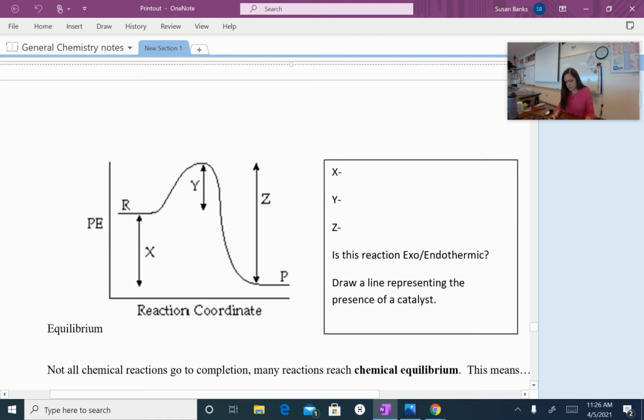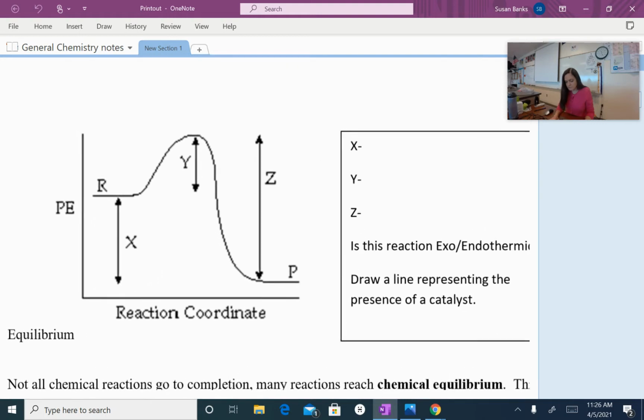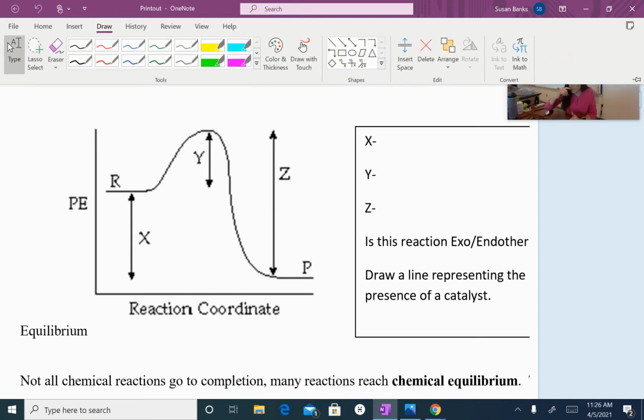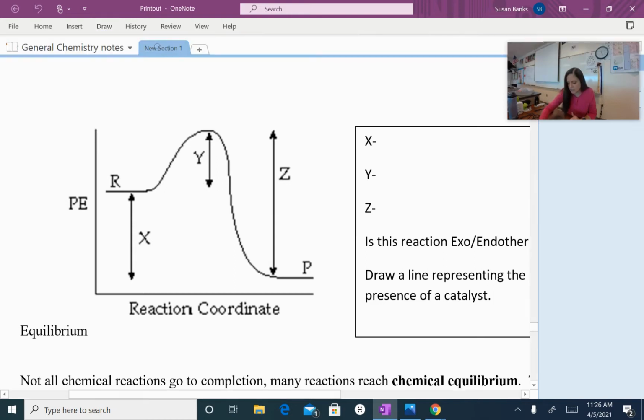I'm going to make this big for a second, okay? So I want to put some lines in here so that we can see what's going on. Notice that X does not go all the way down to the bottom. Notice X goes right to where this P is, okay?